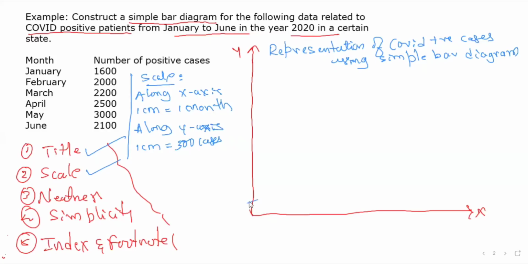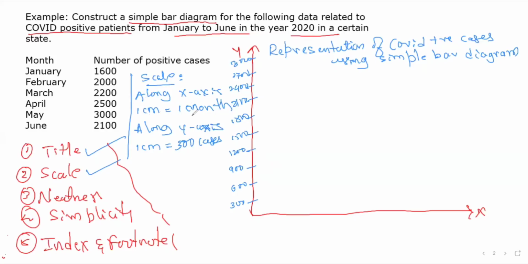From here to here, 1 centimeter means 300 cases. This is the scaling: 600, 900, 1200, 1500, 1800, 2100, 2400, 2700, and here 3000, right?